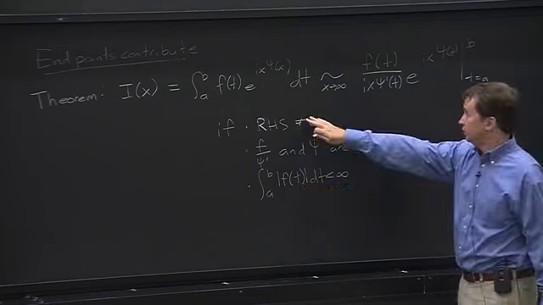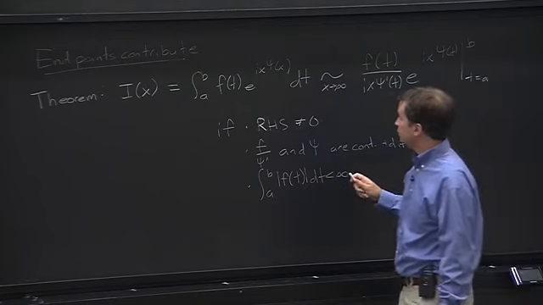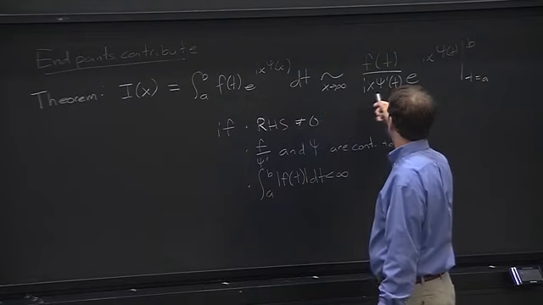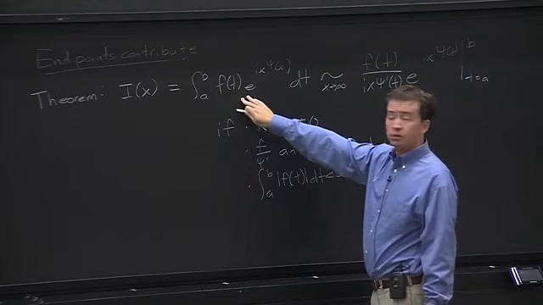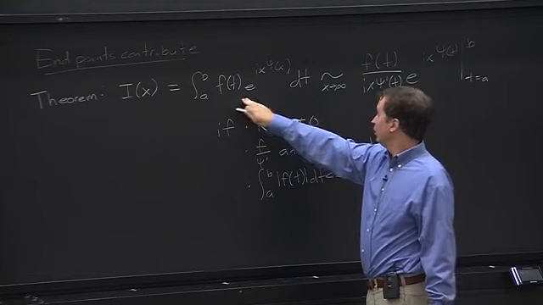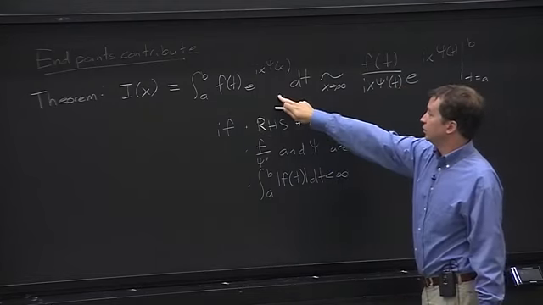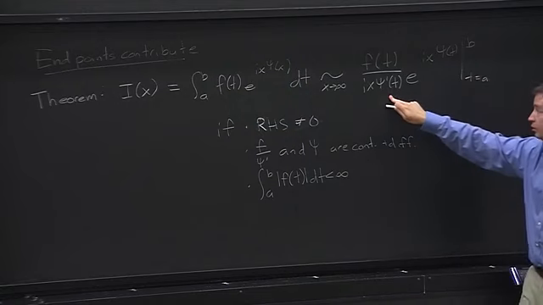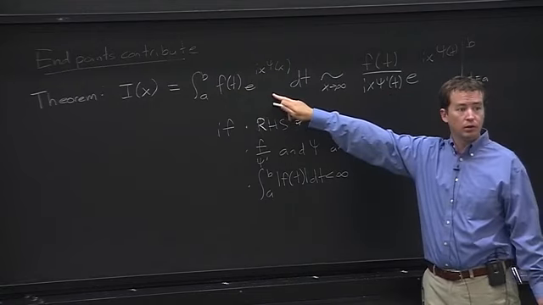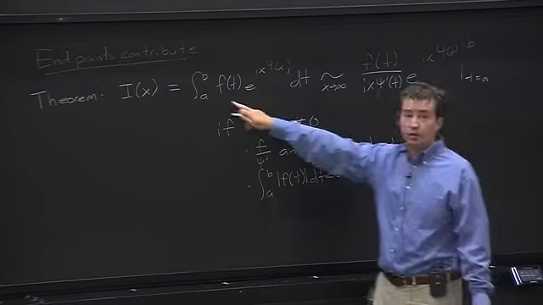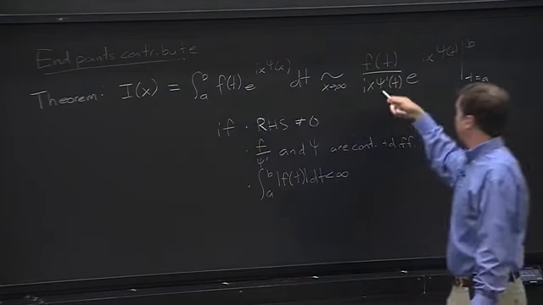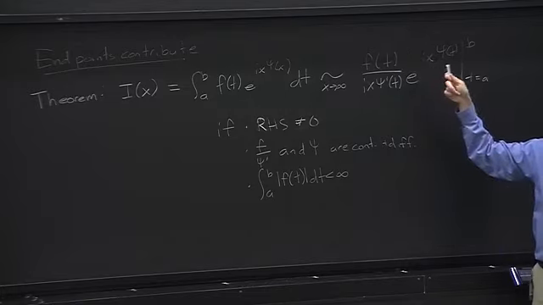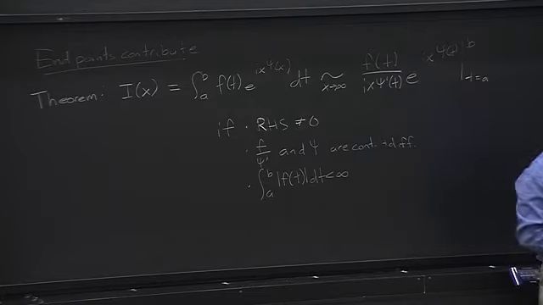So under these conditions, we can determine the asymptotic behavior of this integral. And the endpoint integrals are exactly integrals like this, which have a boundary, where the boundary terms are the most important contributions to the asymptotic series.